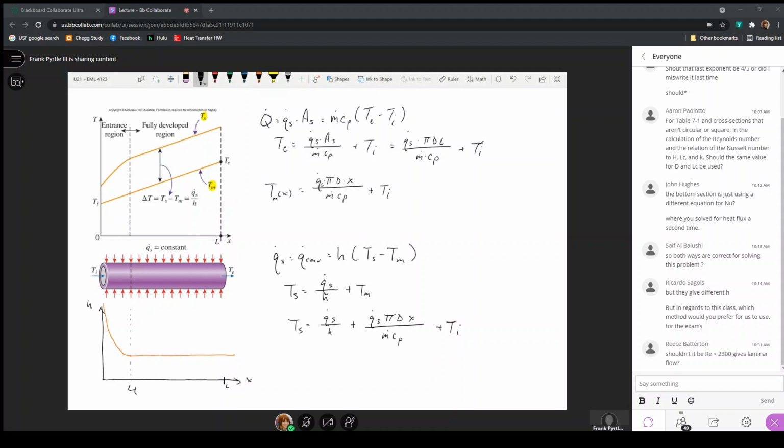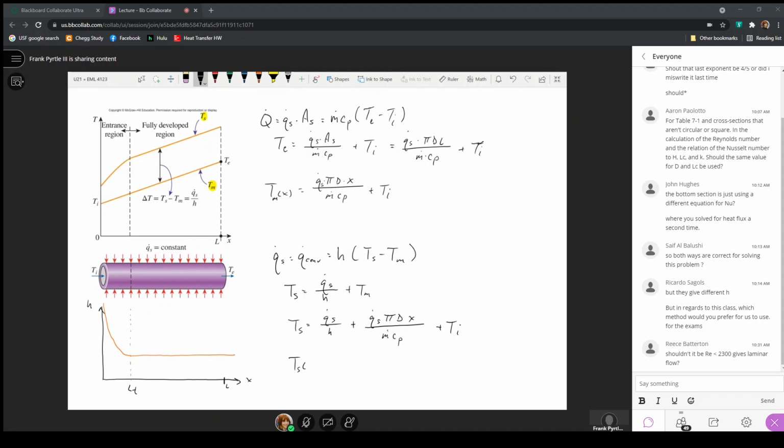Now notice here, if this heat transfer coefficient is an infinite value at x equals 0, this term goes to a 0. Ts is a function of x by this equation. This first expression does not immediately indicate that it's a function of x unless you're considering exactly what Tm is defined as.